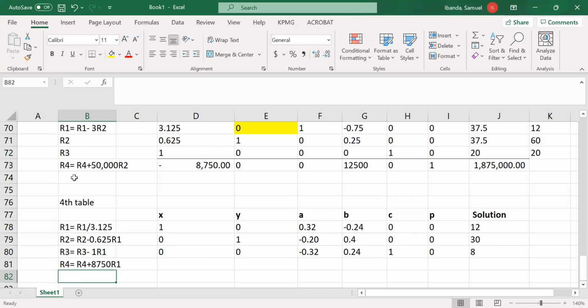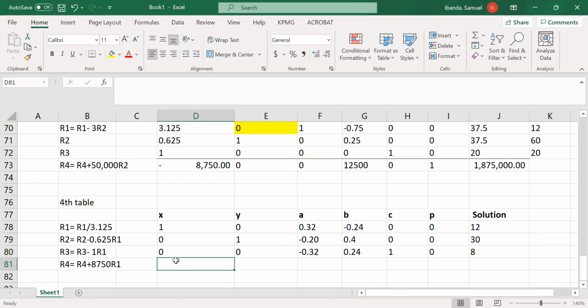Now, as you can see, all these other rows that I'm finding need to be a function of the pivot row. That's why I'm using R1. I've used R1 here.